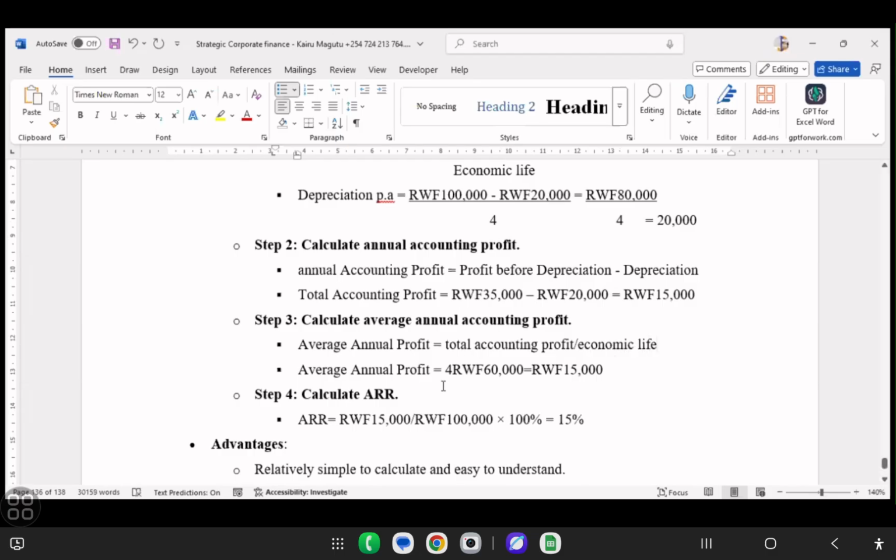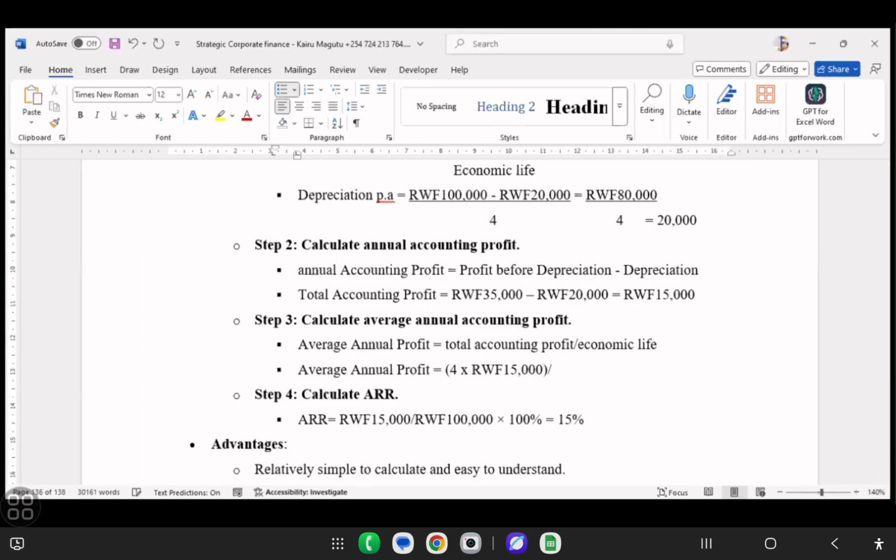So 4 years, the total is 4 multiplied by 15.